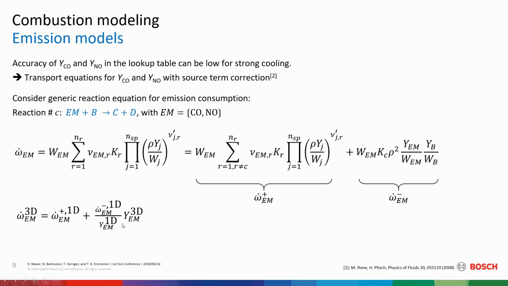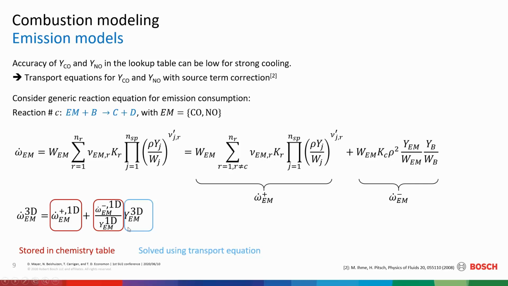We assume that the transported mass fraction, that is the one in the 3D simulation, is more accurate, so we correct the negative contribution of the source term with our local transported mass fraction. This way we get a much more accurate emission model, because it introduces some history into the source term that we would not have if we just looked up those quantities from the table.